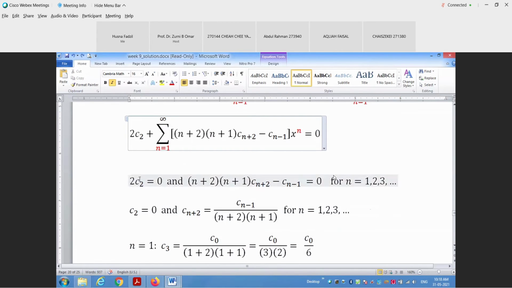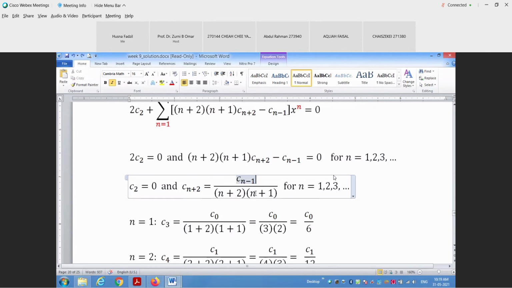From this we know that C2 is equal to 0, and then from these equations we want to express C_{n+2} in terms of C_{n-1}. So C_{n+2} is equal to, you bring minus C_{n-1} to the right-hand side, becomes C_{n-1}.